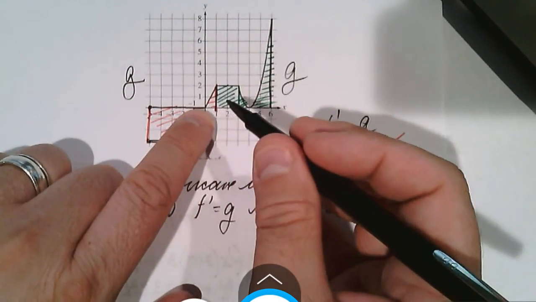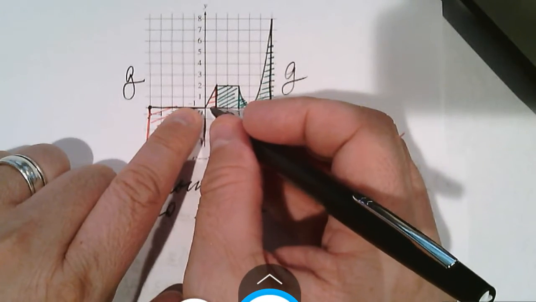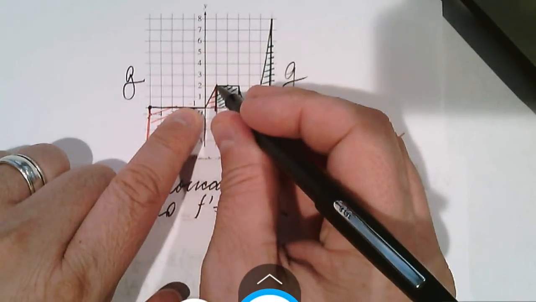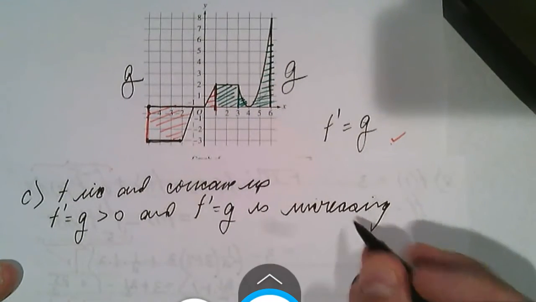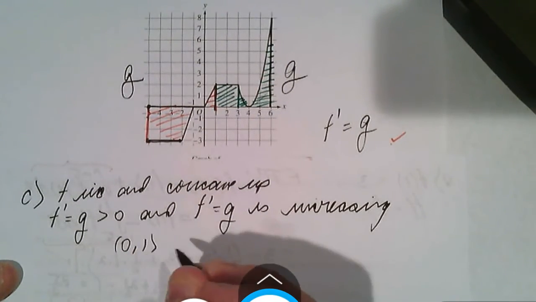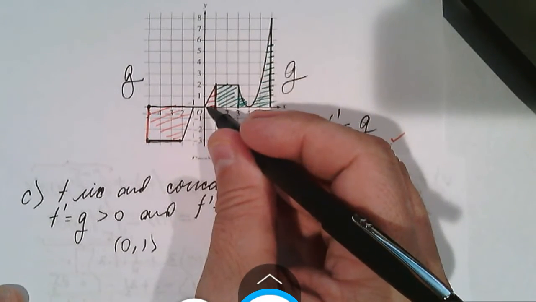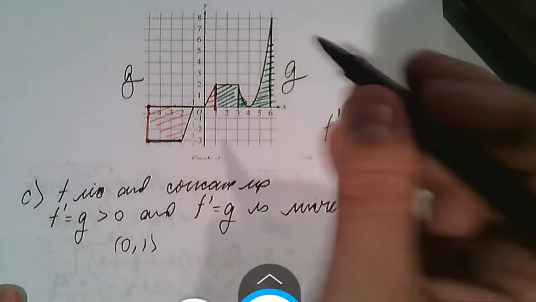I'm on the x-axis from -1 to 0, and I don't start being above the x-axis until I get to 0. From 0 until 1, I can see that my graph of g is positive and increasing. So I'm going to say from 0 to 1. I'm not going to include the 0, and I'm also not going to include the 1. So open parentheses on both.